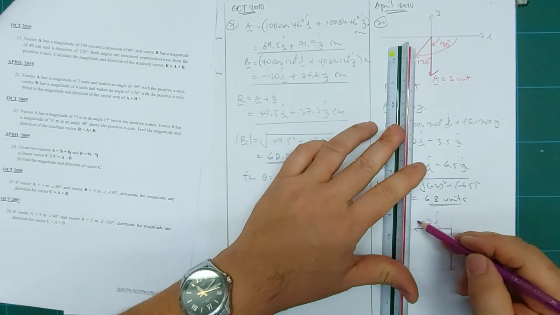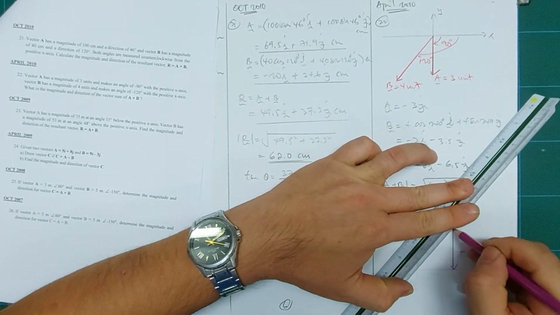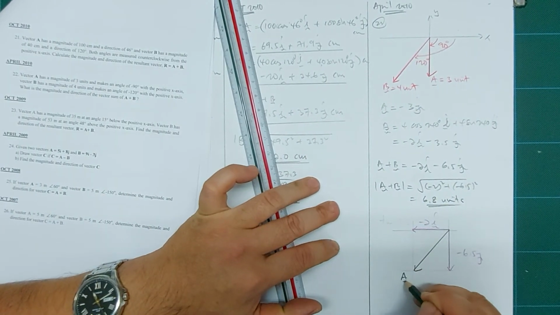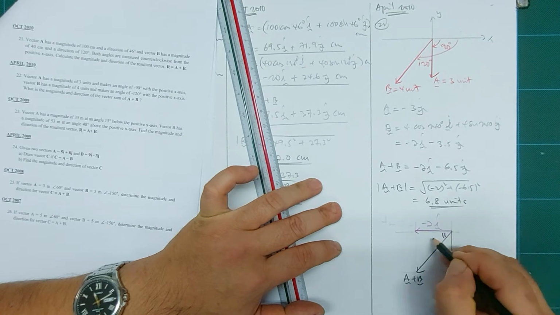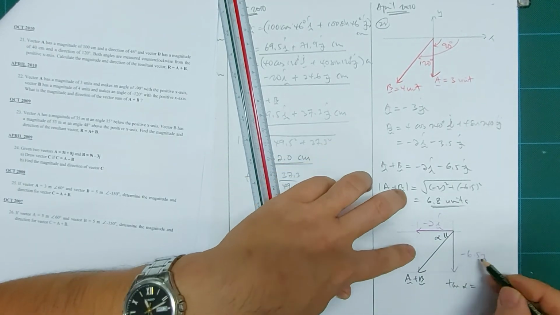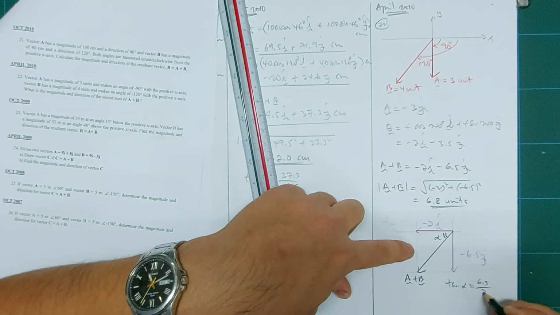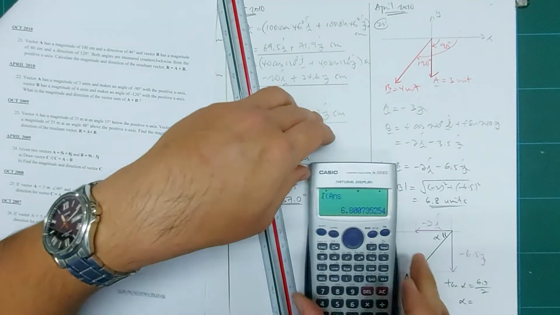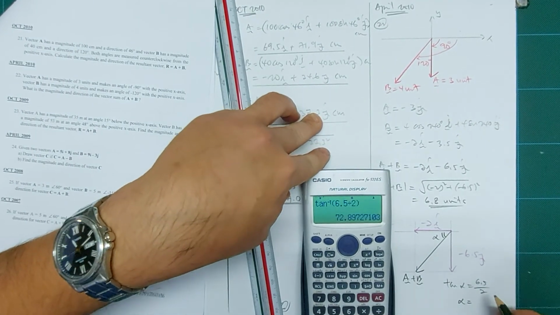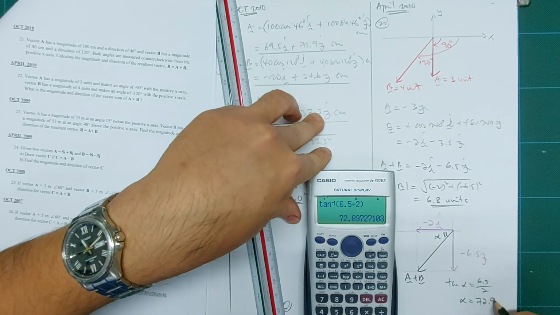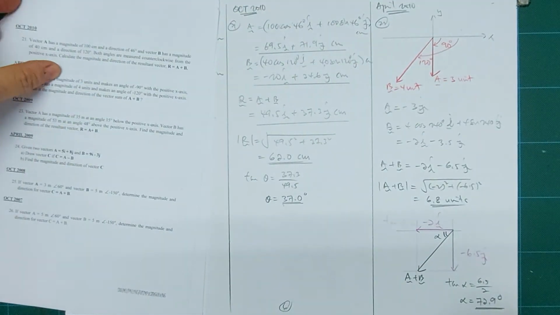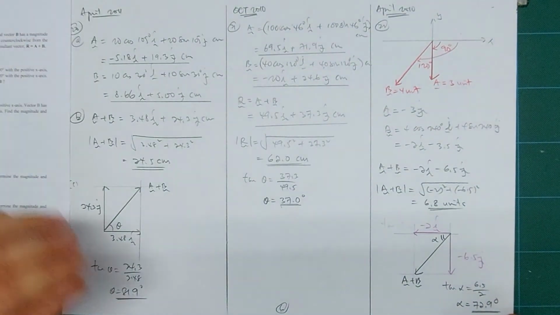We lump them together, we get this vector, A plus B. So the angle is here, we call this one alpha maybe. So tangent alpha is equal to 6.5 divided by 2. So alpha will be arctangent 6.5 divided by 2, 72.9 degrees. All right, so that is question number 22.